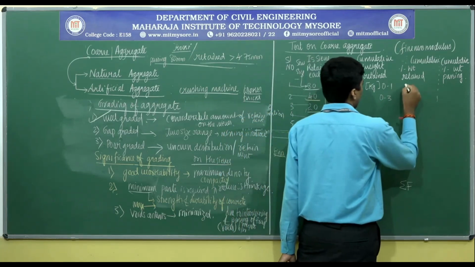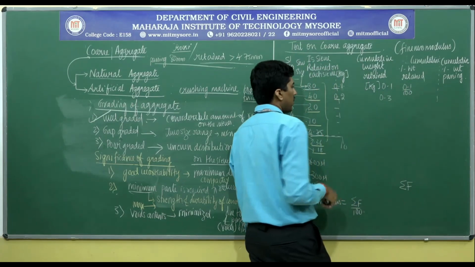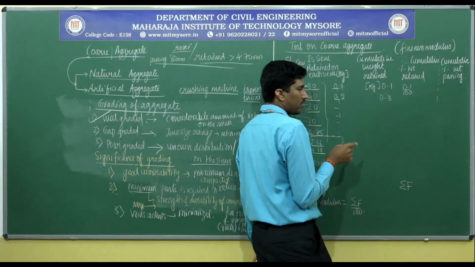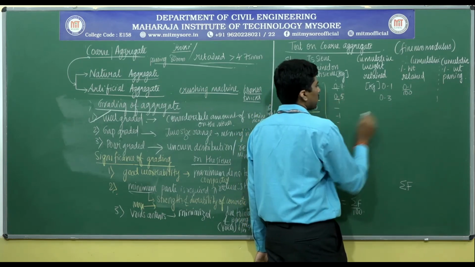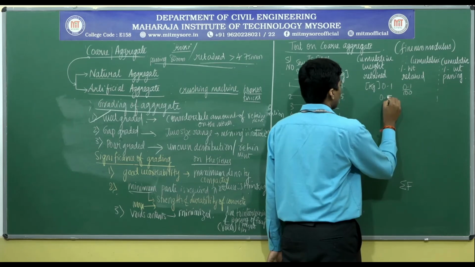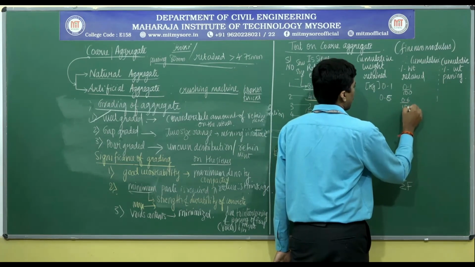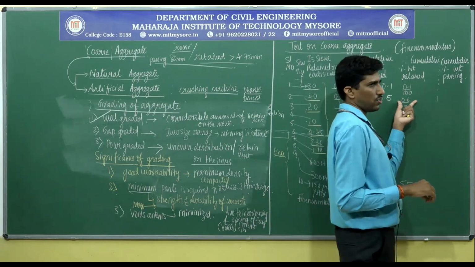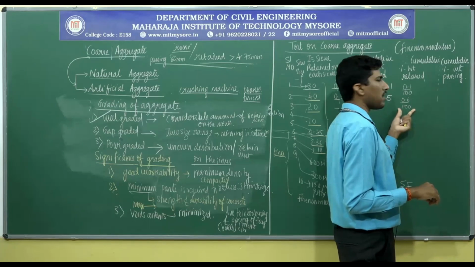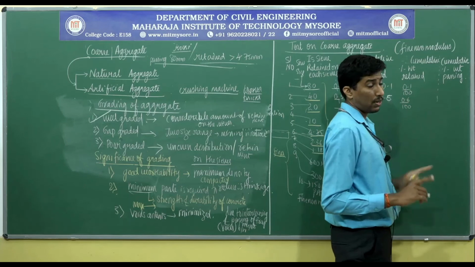Similarly, 0.1 divided by 100. Or in another case, if you have more than 0.5, here it will be 0.6, so 0.6 divided by 100, like this. Whether in grams or in kilograms, the unit conversion has to be done properly.